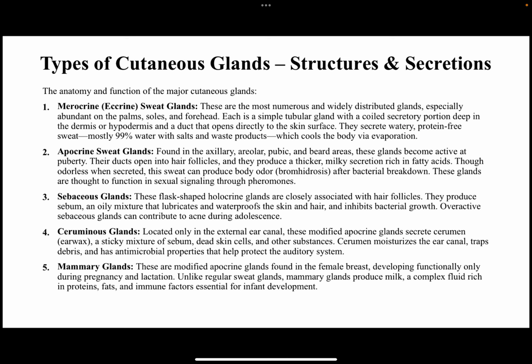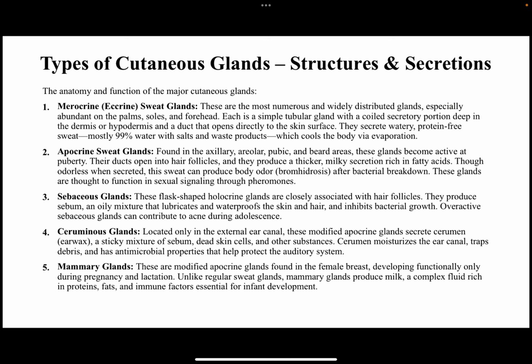Each is a simple tubular gland with a coiled secretory portion deep in the dermis or hypodermis and a duct that opens directly to the skin surface. They secrete watery, protein-free sweat, mostly 99% water with salt and waste products, which cools the body via evaporation.